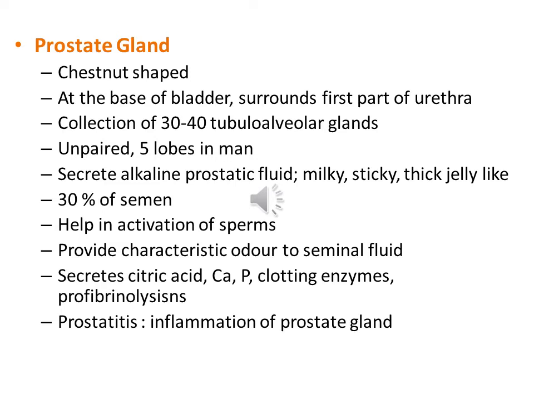So whenever profibrinolysins come in contact with the vaginal pH, they become active, and the coagulated semen liquefies, the sperms become active, and then they move toward the egg cell for fertilization. Again, semen liquefies, sperms become active, and sperms can move to fertilize the egg cell. Fine.